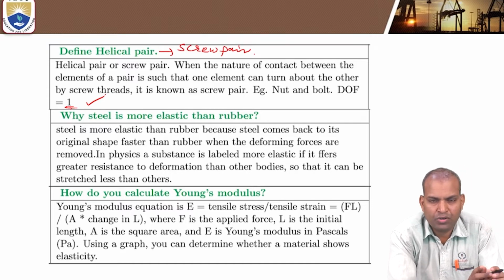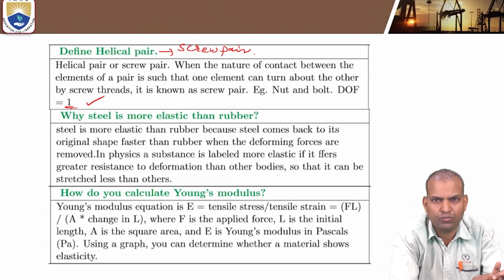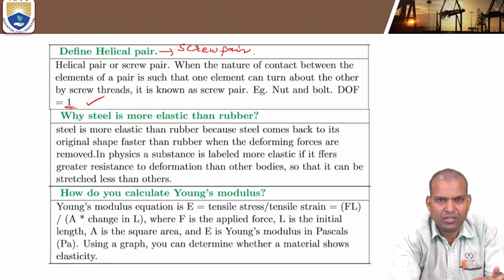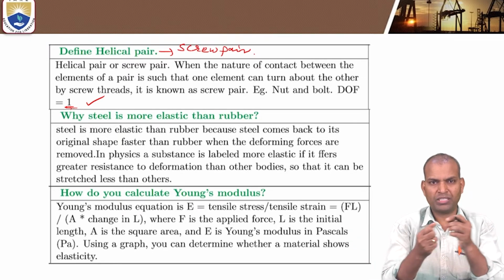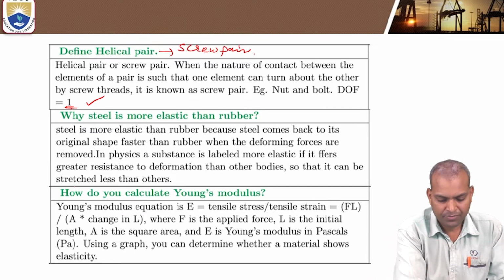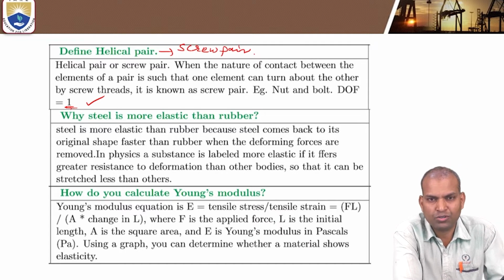Next, a very important question. Generally, students, what is elasticity and why is steel more elastic than rubber? Generally, we think that elasticity means quick deformation taking place. No. According to physics, more elastic means it offers more resistance to deformation.